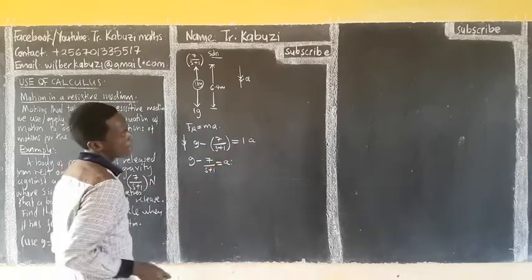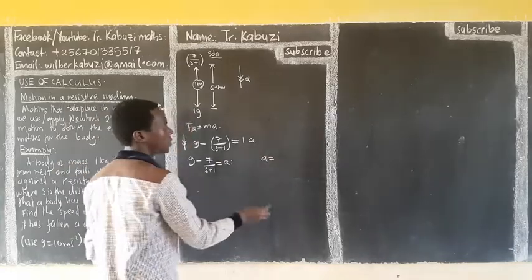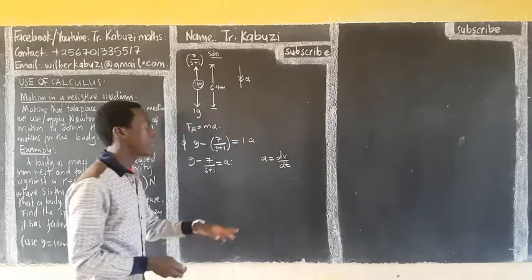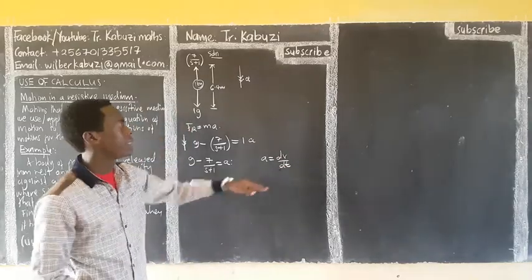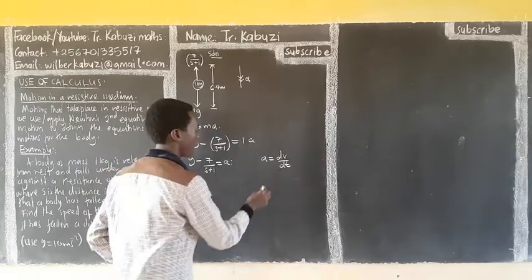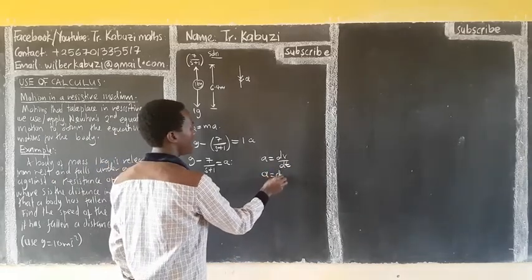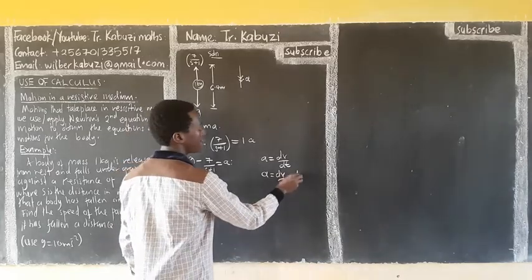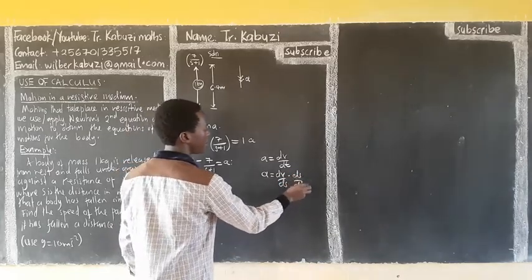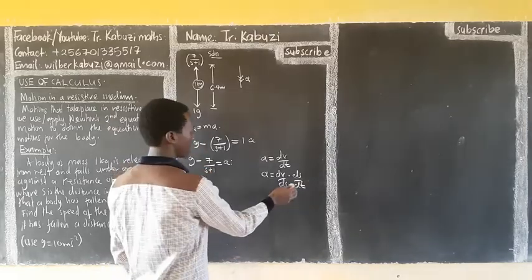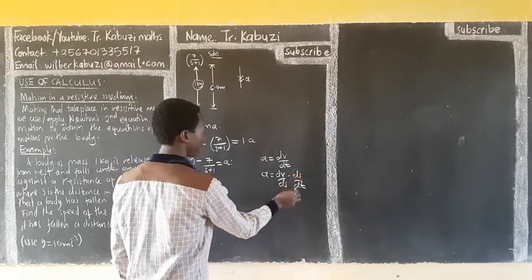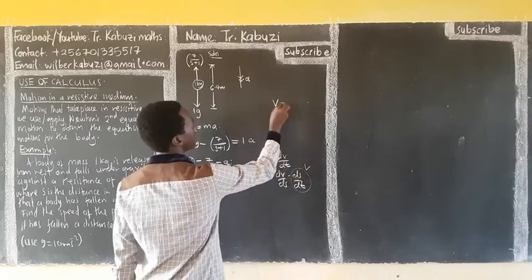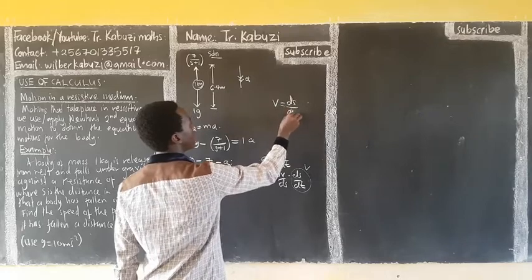But note, our A is equal to dv dt. But now we don't have anything like time t, so we introduce velocity here. How? Our A will be dv over ds times ds over dt, because we have distance. Now, this ds over dt is the velocity, because velocity is the displacement over time.